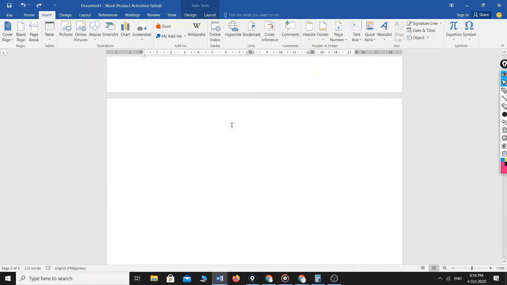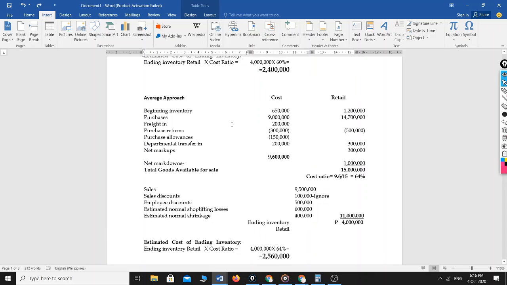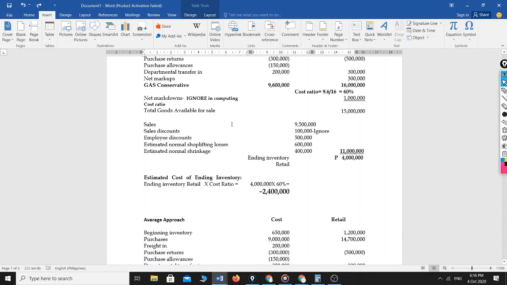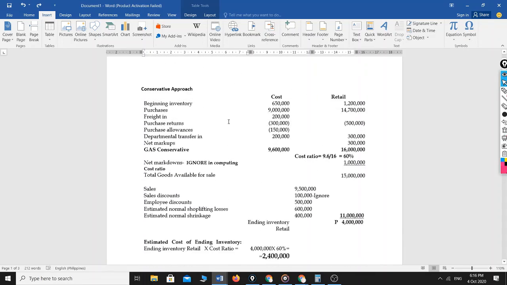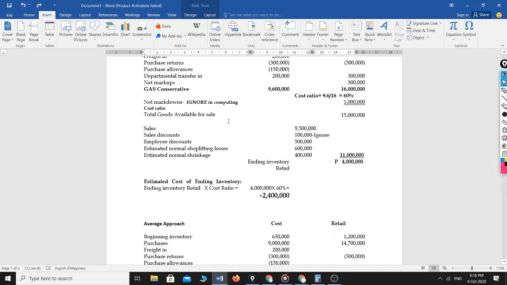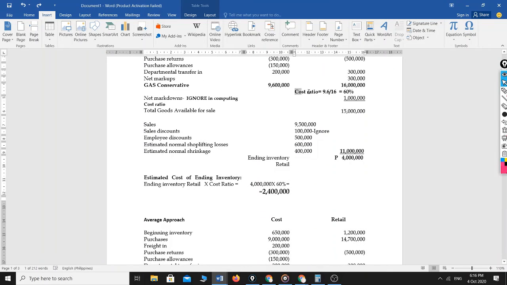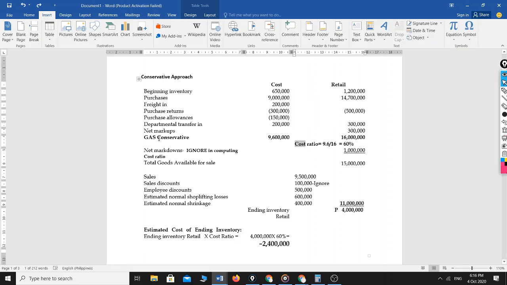So guys, I will just give you this solution and try to study it. After computing the goods available for sale in the cost column and the retail column, you just divide to get the cost ratio.